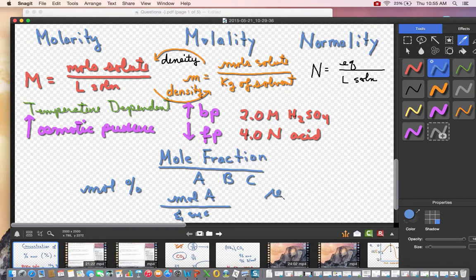This is reserved for gases. It can at some point be applied to aqueous solutions, and we will use this for the depression of vapor pressure.